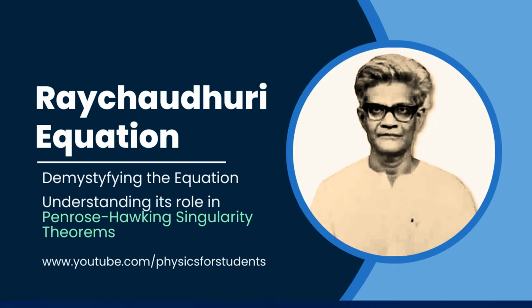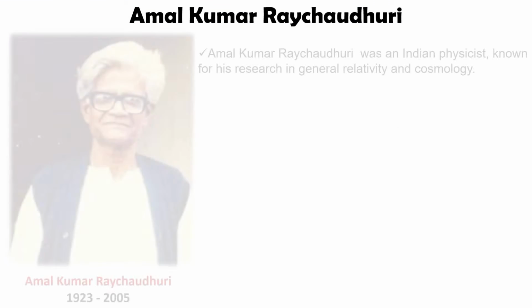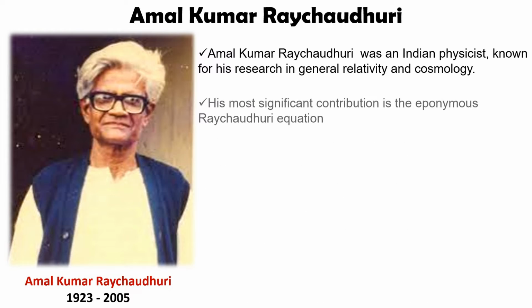First, we will look into what the equation is all about, and a general idea about Amalkumar Raychaudhuri, who is popularly known as AKR. As you see on the screen, this is a very common photograph of AKR. Born in 1923, he is an Indian physicist known for his research in general relativity and cosmology.